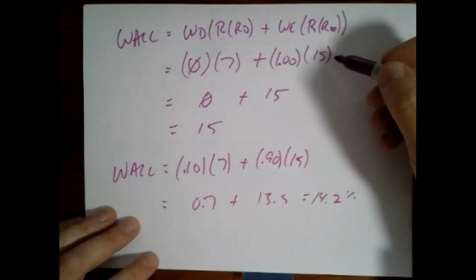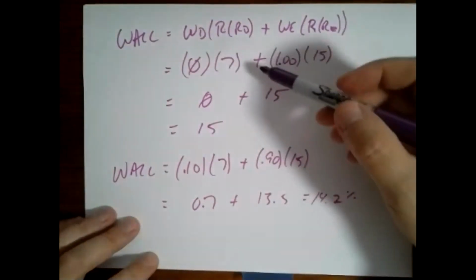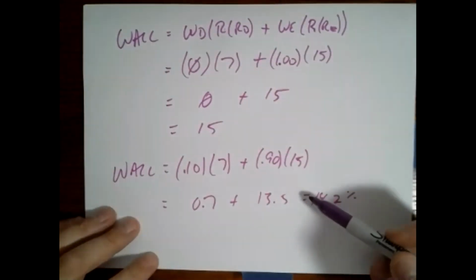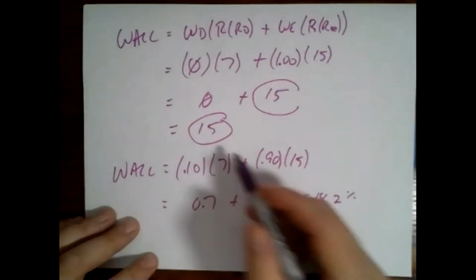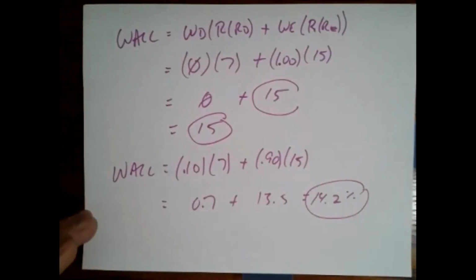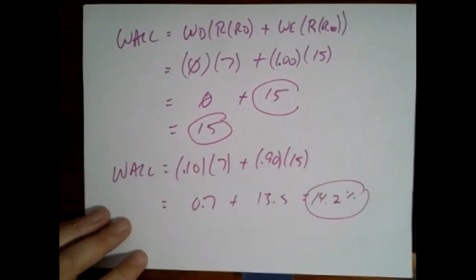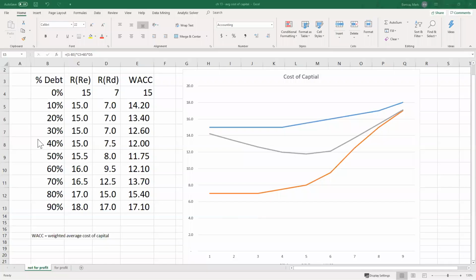So by going from 100% equity to 90% equity, my hurdle rate drops from 15 to 14.2. Now, I'm not going to keep going back here, but let you get the idea. As I start to increase my debt to 20% now, my weighted average cost of capital goes to 13.4. Then at 30%, it goes to 12.6.